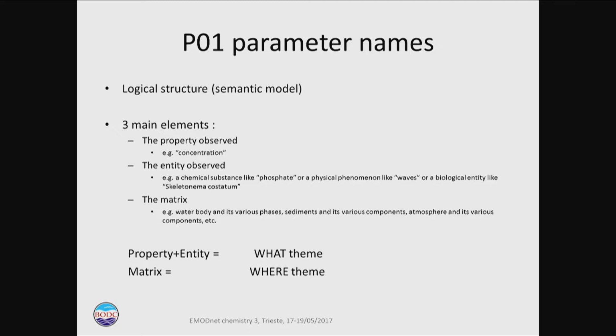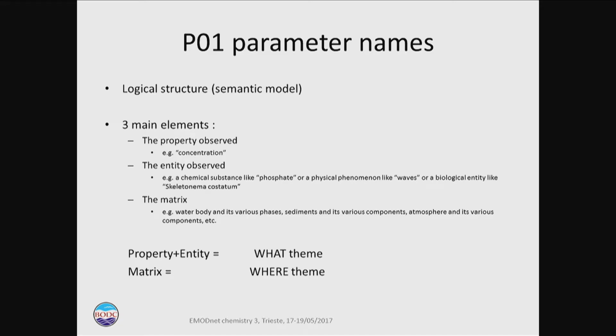The third element that is of importance in those parameter names is a matrix. The matrix can be, for example, the water body and its various phases. It can be sediments and its various components. It can be atmosphere and its various components as well. And there are others in the list.